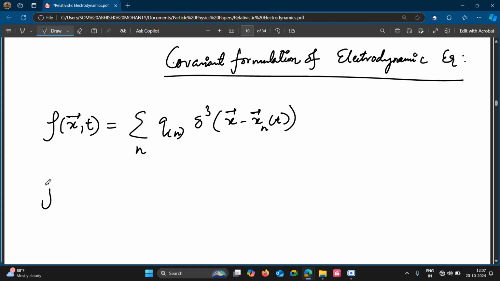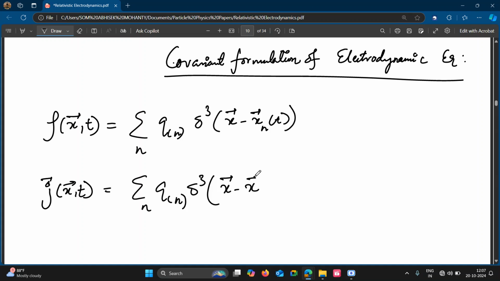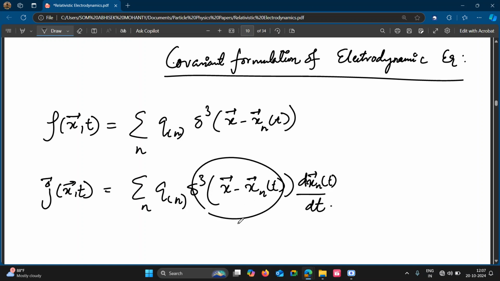And your three-dimensional current density is j(x,t) equal to the summation over n of qn delta cubed of x minus xn(t) times dxn(t) divided by dt, where this is a three-dimensional Dirac delta function.